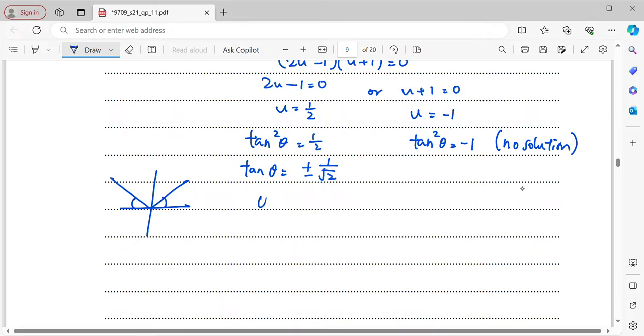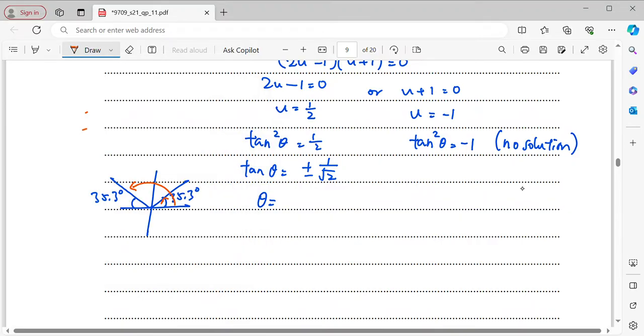So theta is inverse tangent 1 over square root 2. Then you will be getting 35.3. Okay, this is the basic angle when you take inverse tangent 1 over square root 2. And then the other one is also 35.3, but our angle is in the first quadrant and also second quadrant.